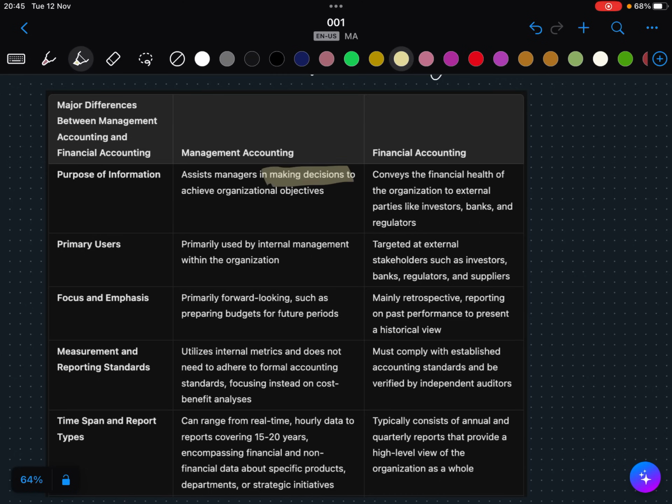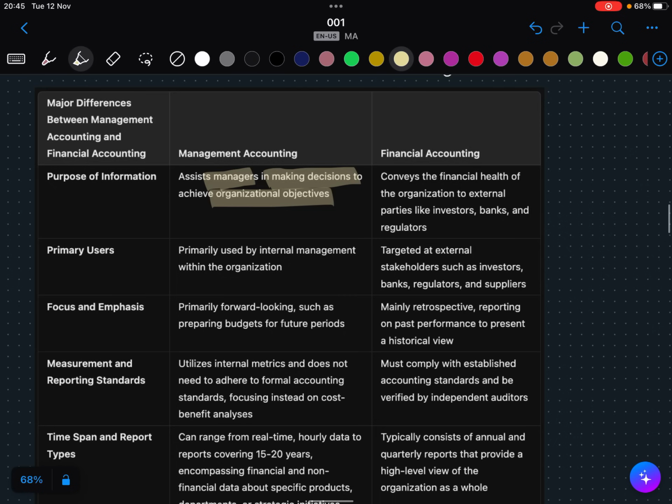So, keywords: assist managers in making decisions to achieve organizational objectives. Whereas in financial accounting, it is all about conveying information about the company's financial health to external parties, such as investors, banks, and regulators.